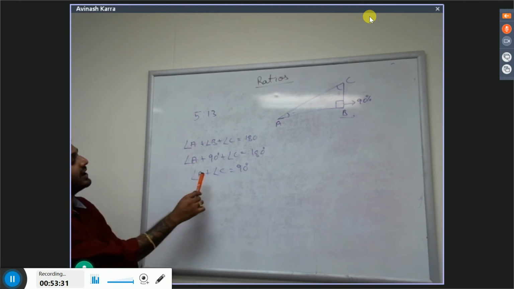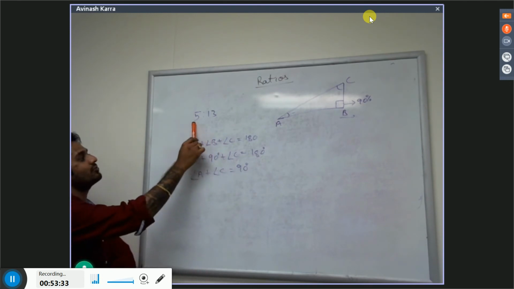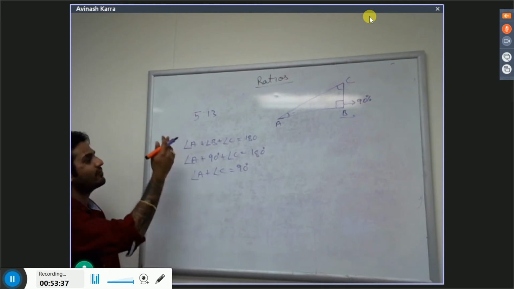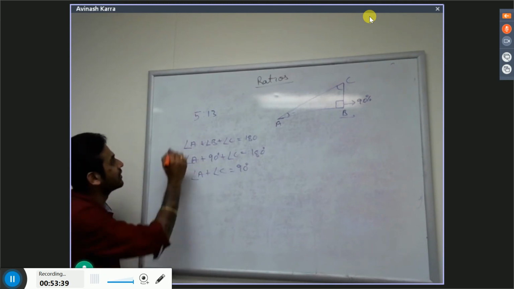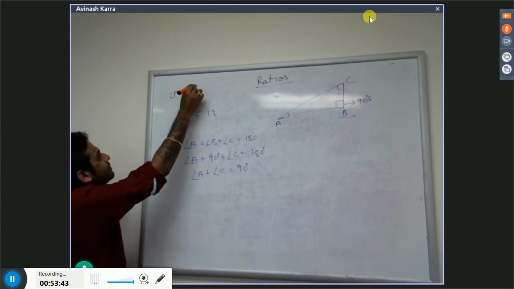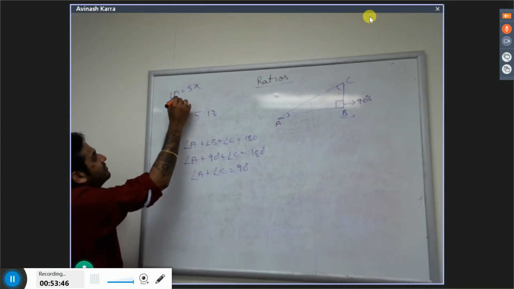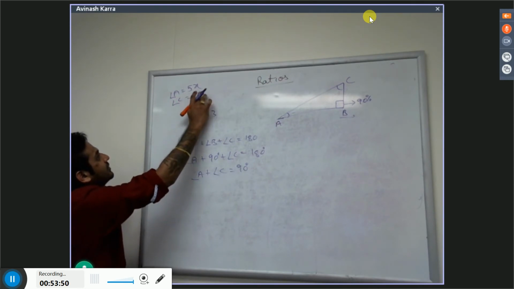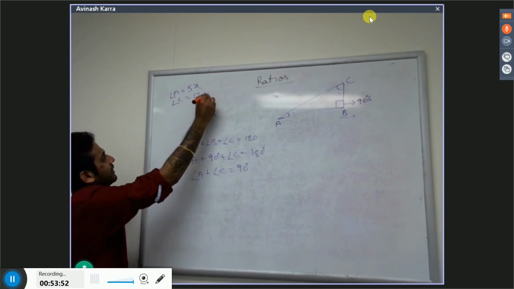But angle A and angle C are in the ratio of 5 is to 13. So if I give a variable x to that, I can write it in such a way. Angle A is equal to 5x, angle C is equal to 13x.